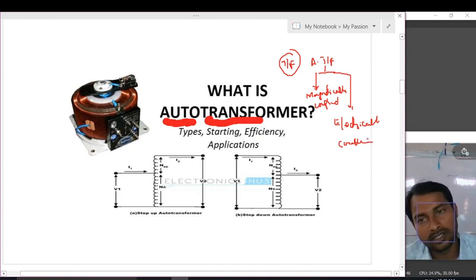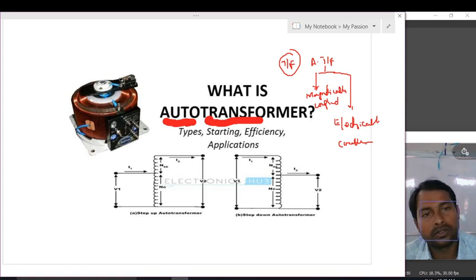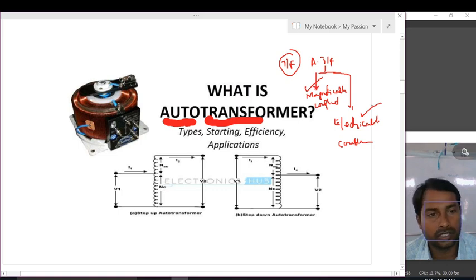A transformer that is both magnetically and electrically coupled is called an auto transformer. So it transfers power through magnetic induction and also through conduction. Both forms of power are transferred through the auto transformer.